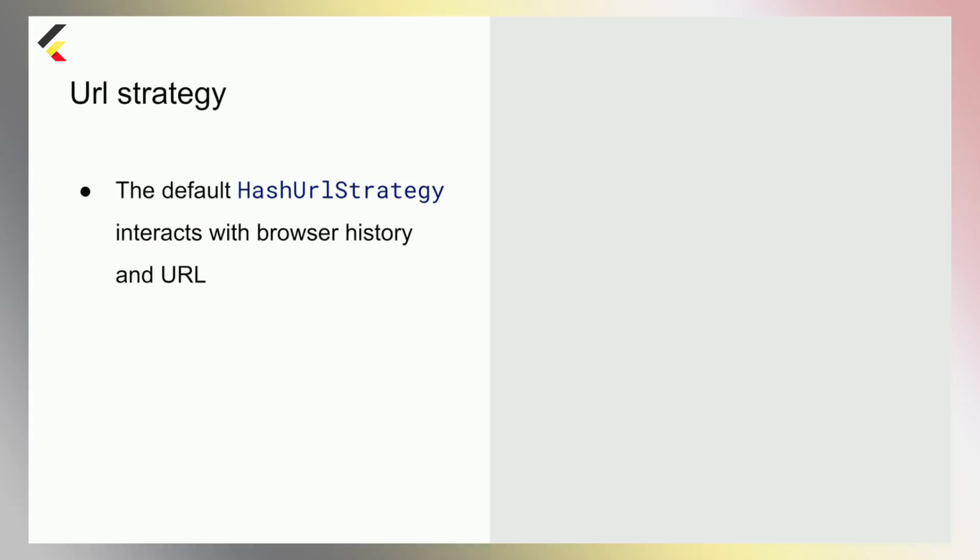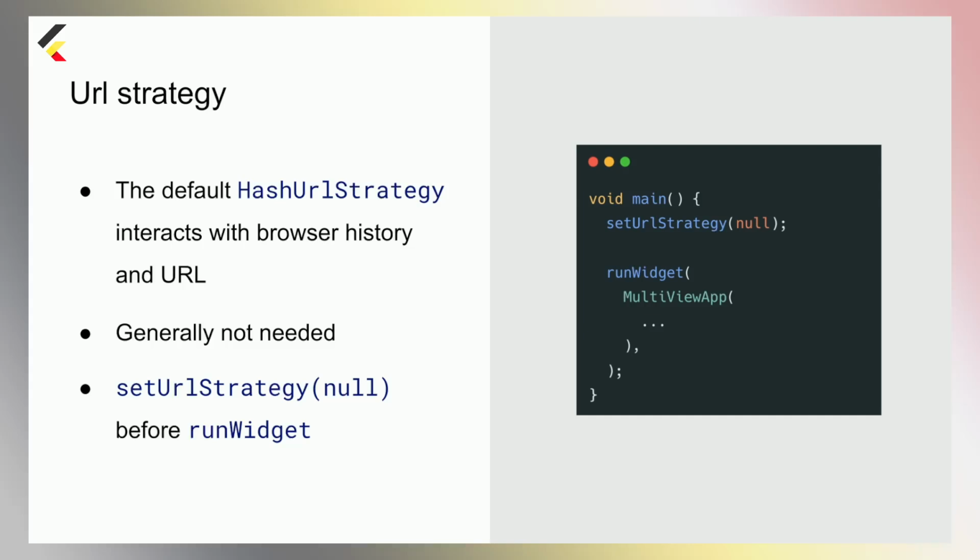Now, mostly for embedding Flutter apps, and definitely for multi-view embedded apps, this is generally not needed. The simplest solution there could be to simply set it to null, and you have to introduce this before you call runWidget. If you want to rely on that behavior, you can also implement a different URL strategy and provide it there as well.